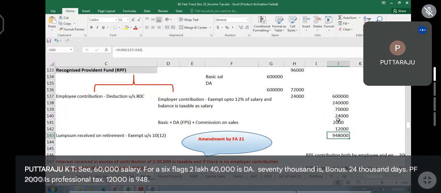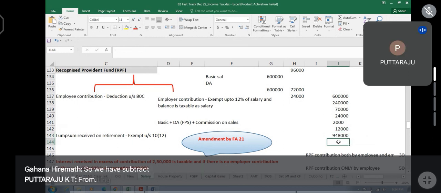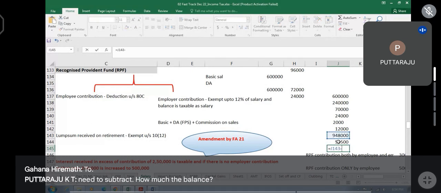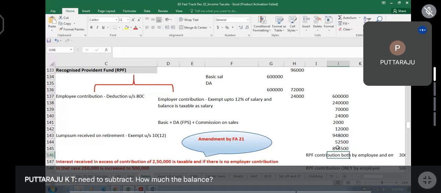Right? Yes or no? Yes, sir. So we have to subtract 2,000, subtract 2,500 plus 50,000. 52,500 you need to subtract. How much the balance? 895,500.